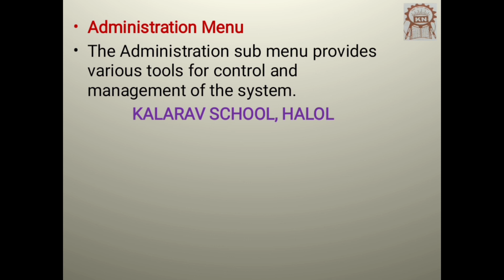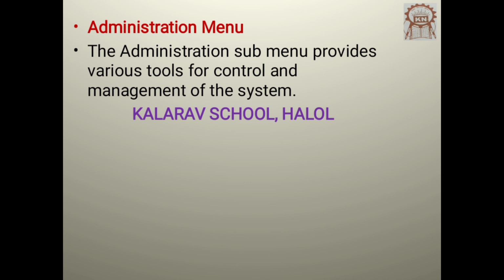Next, the Administration menu. The Administration submenu, shown in figure 7.6, provides various tools for the control and management of the system. Important tools include Disk Utility, which displays disks and disk partitions and allows the user to create, delete, edit and format disk partitions, mount and unmount.